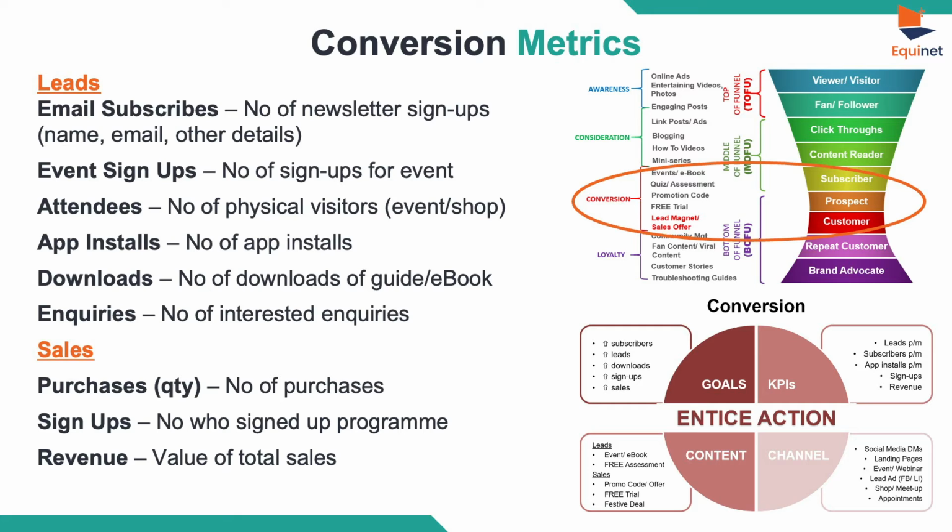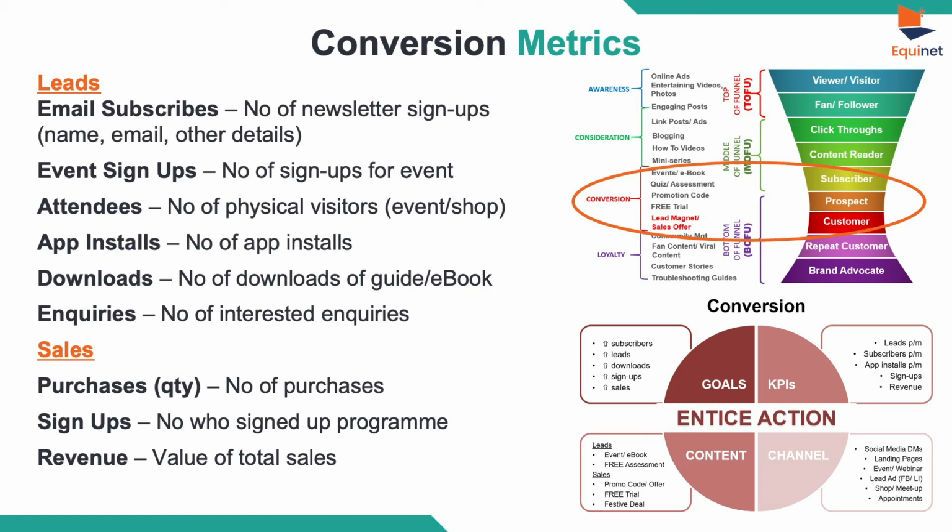Next, we have the conversion metrics. Now, in social media marketing, conversion metrics can cover leads gained or sales generated. For leads, these may include the number of people who fill up a form or attend an event. To measure that, your metric would be the amount of people who have signed up.